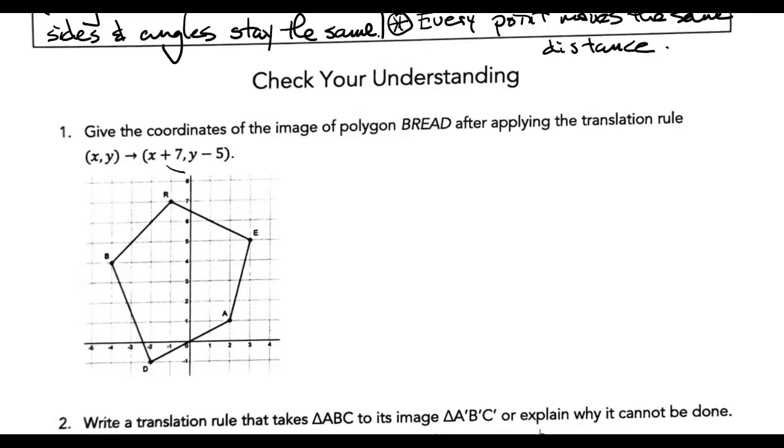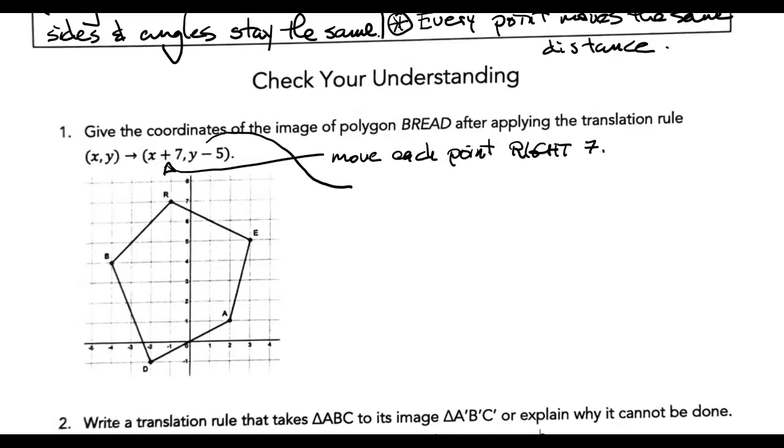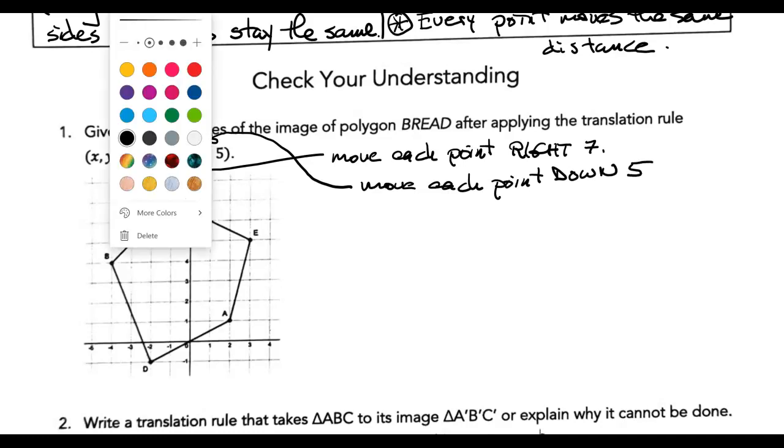So this part here means move each point right 7, and this rule here means move each point down 5. So let's go ahead and take a look at that.